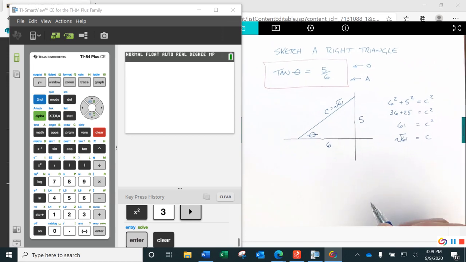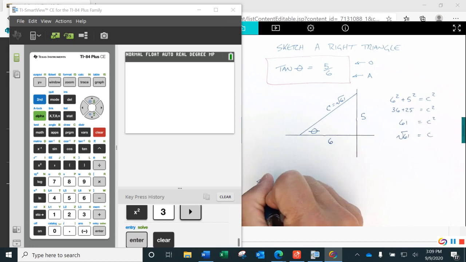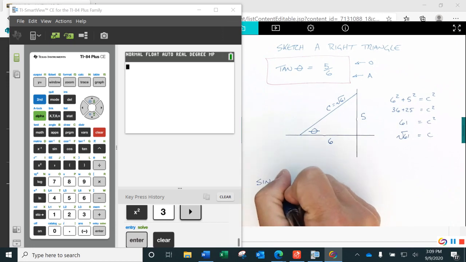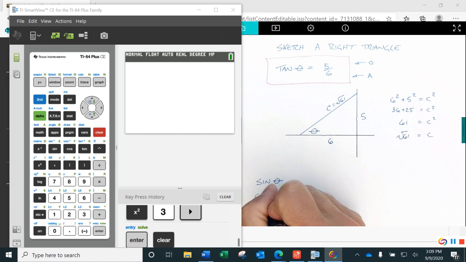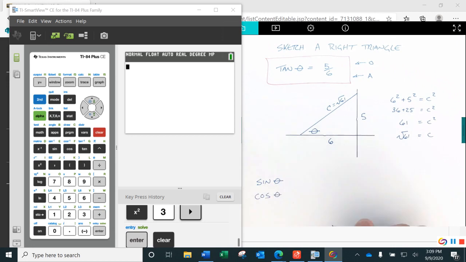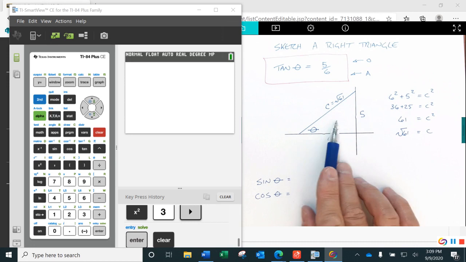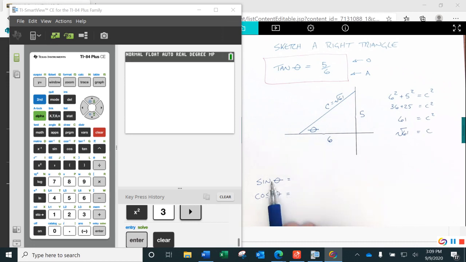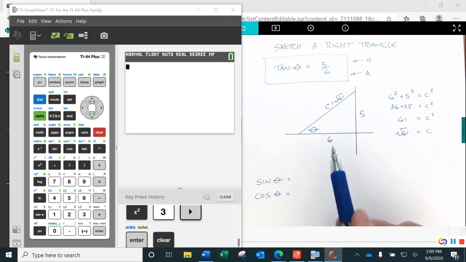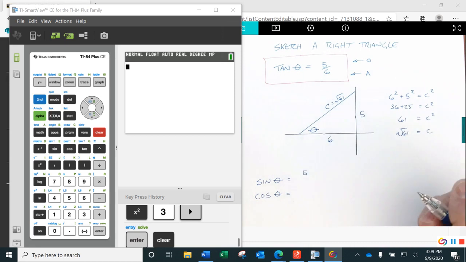Let's write out our trig functions. And I encourage you to do it in this format: sine, cosine. Sine is the y-coordinate. Cosine is our x-coordinate. So it's an easy way to keep track of it. Now, certainly I didn't draw the unit circle here, but sine of theta is equal to the opposite over the hypotenuse.